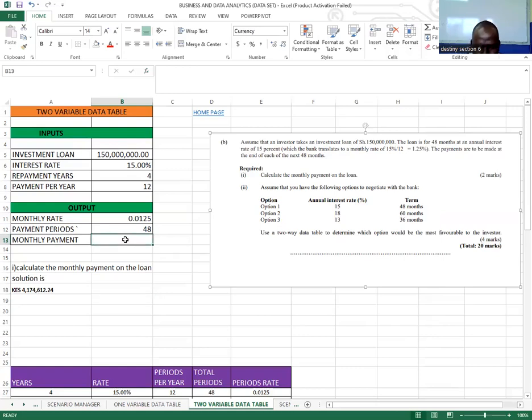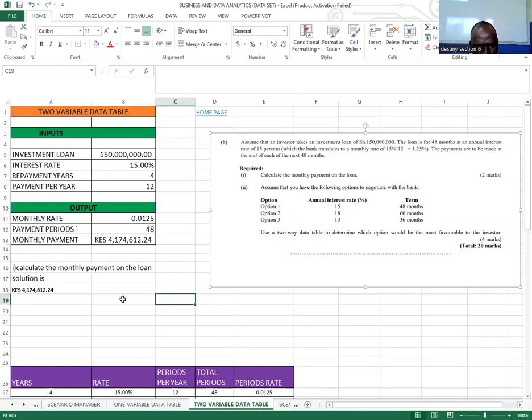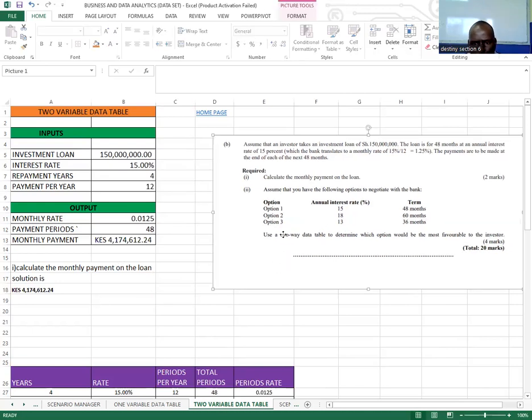So this is now the monthly payment, and that is what the examiner was interested in, in Roman number 1, the monthly payment.